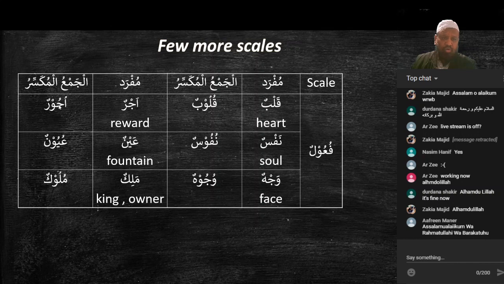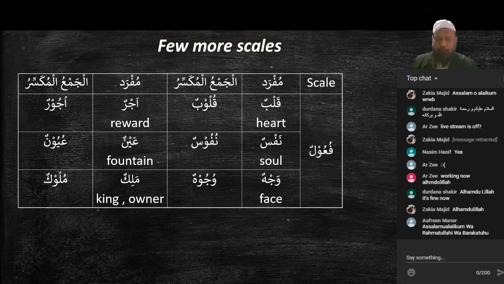Ujurun. Next, Nafsun falls under this scale, soul or self. Nufusun. You can see here, first letter Dhamma, second letter Dhamma, then Waw after it. Nufusun. Aynun, fountain, falls under this scale, Uyunun.